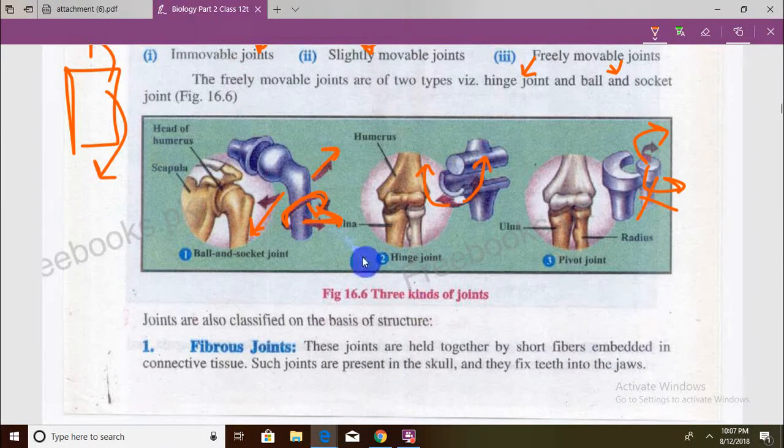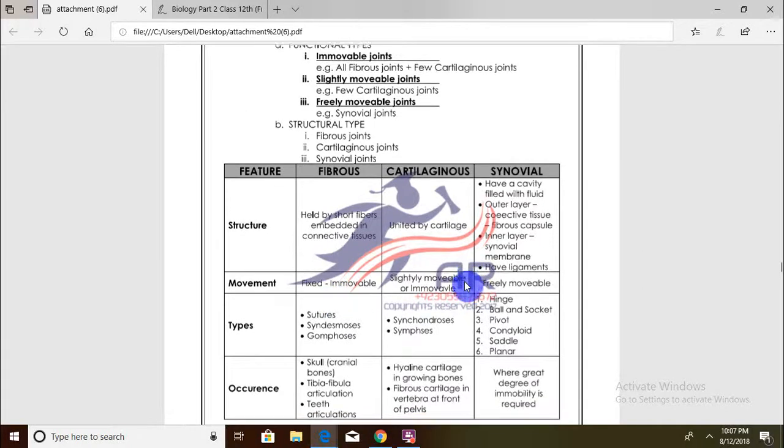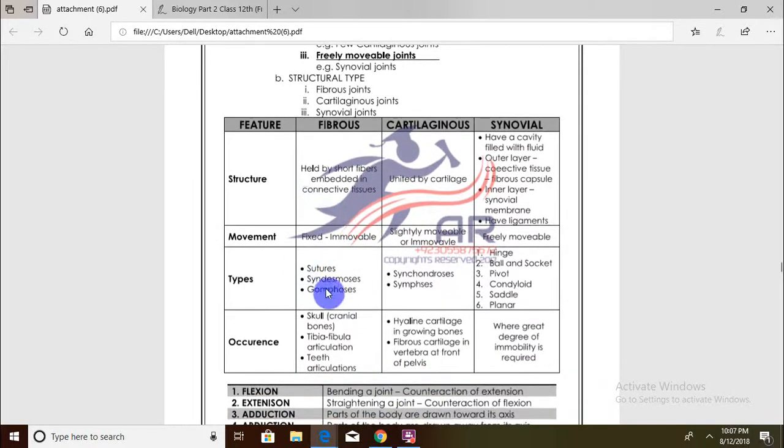So fibrous joints. Now fibrous joints are held together by short fibers embedded in connective tissue. They're fixed, they're completely immobile. This is not really important at this level.